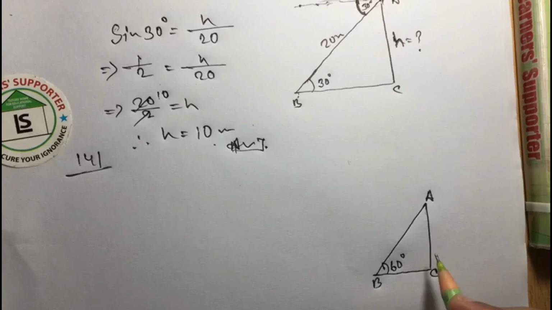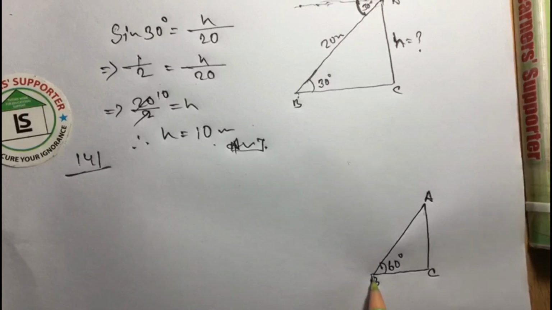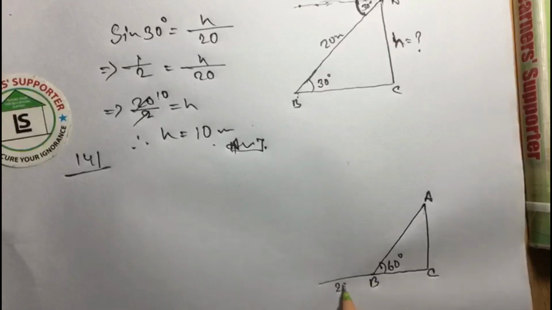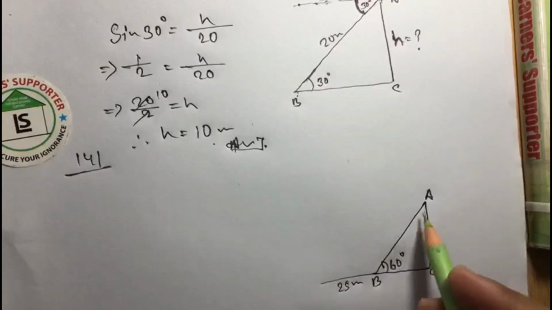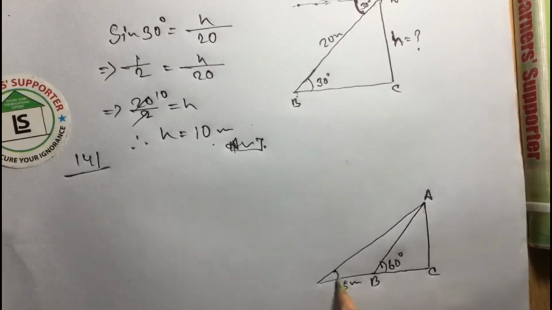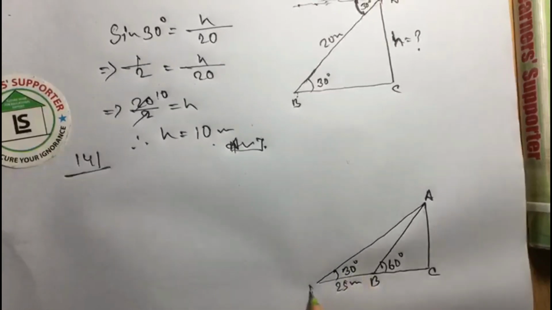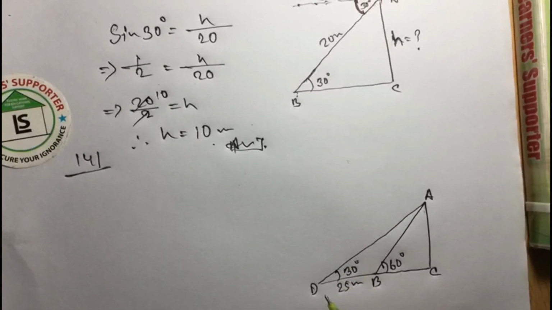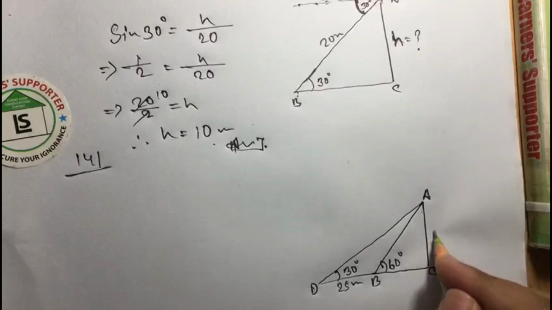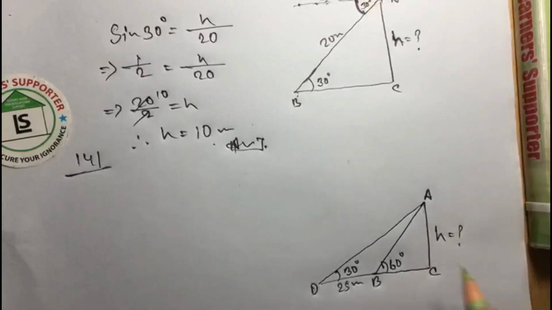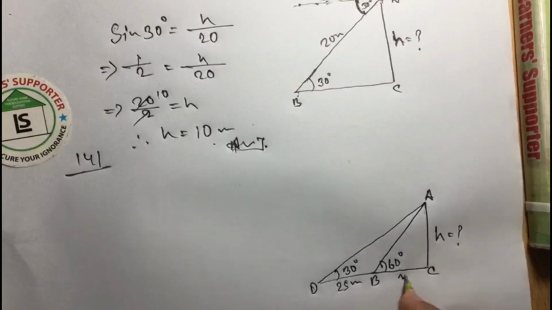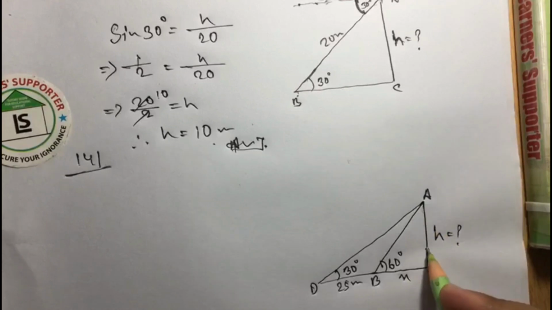If it moves back 25 meters, then the angle of elevation is 30 degrees. That means here 30 degrees. This is D. Find the height of the tower. I have to find the value of h, AC. Suppose BC is x. I have to find h and x.